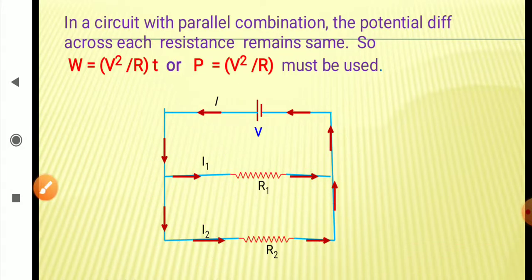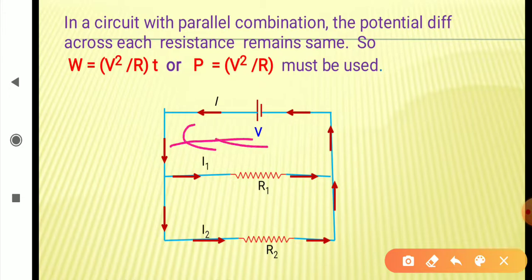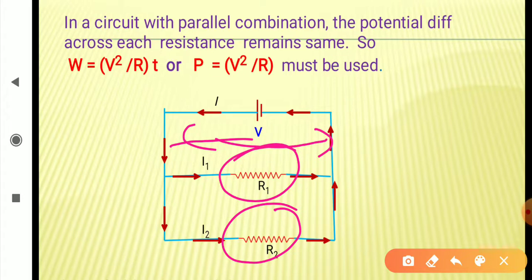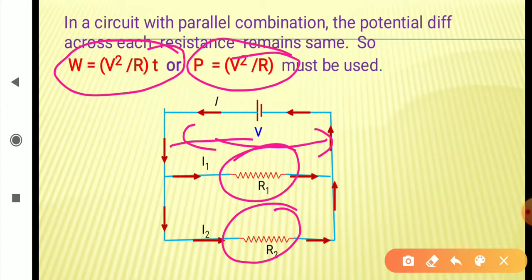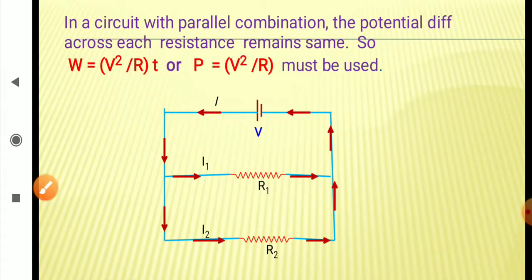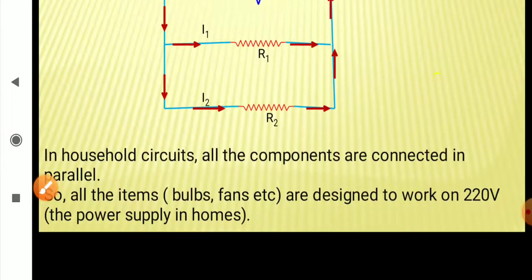So the potential difference across each component is same, and in that case we use the relation V square upon R into t for electrical energy, and for power we use V square upon R. So we use power as V square upon R in parallel combination.